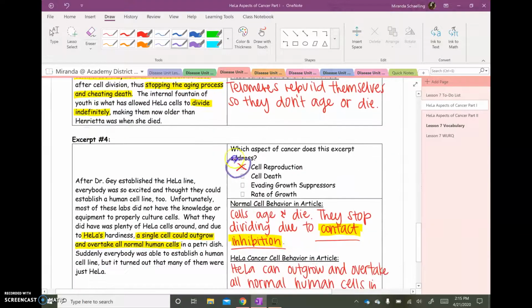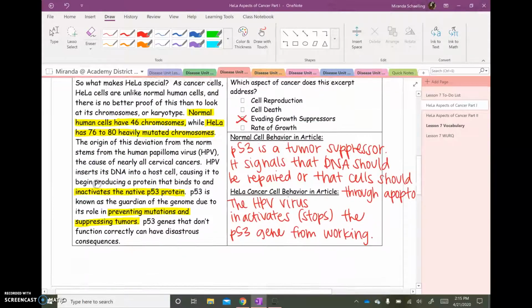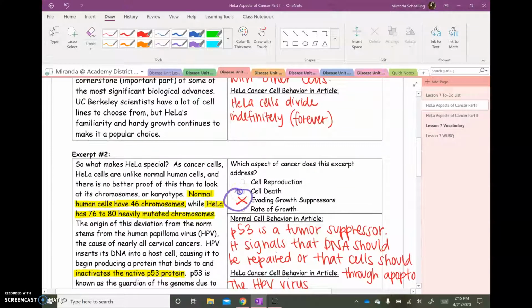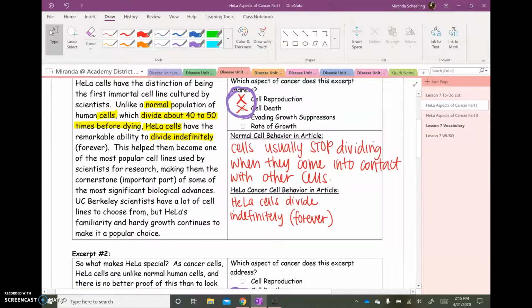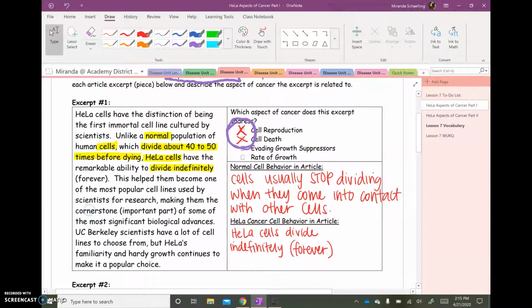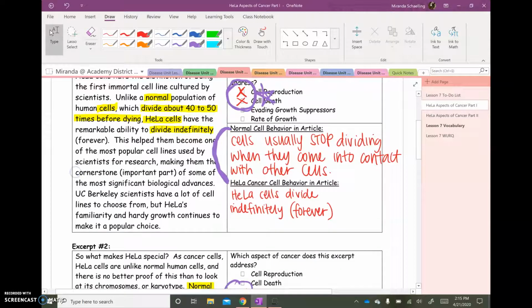There's just 1 here on excerpt number 4, and there's just 1 here on excerpt number 2. But anything else, as long as you can compare and contrast our HeLa cells with our normal cells adequately, then I don't care what you put up here. A lot of us think that we have to have 1 from each, and that's not true. It's just a matter of what can you explain, what can you prove.